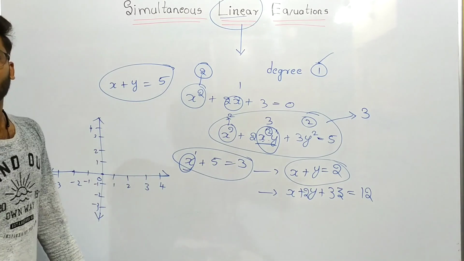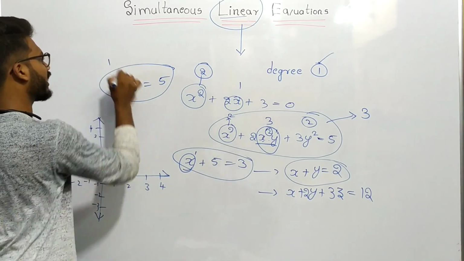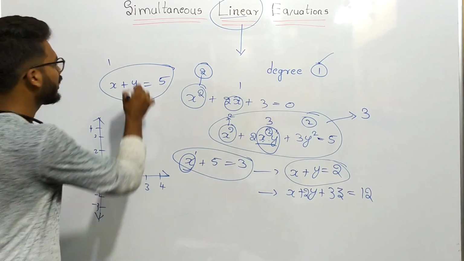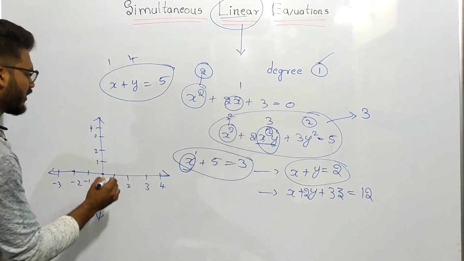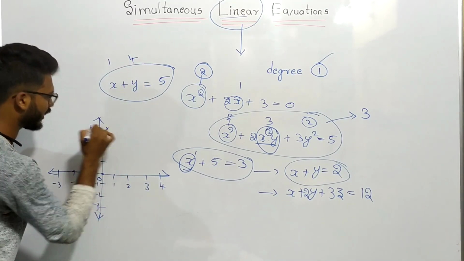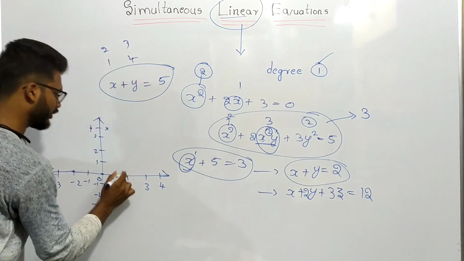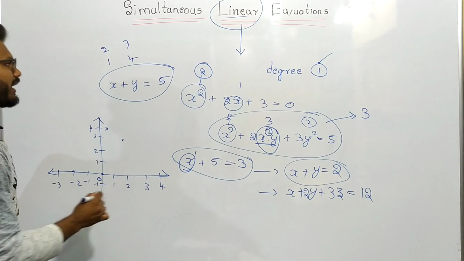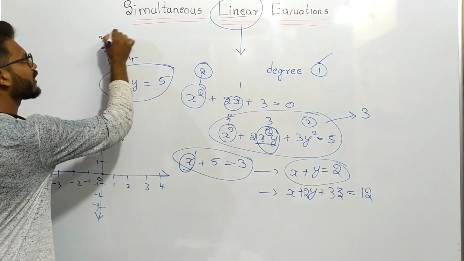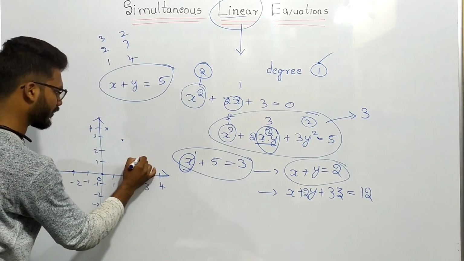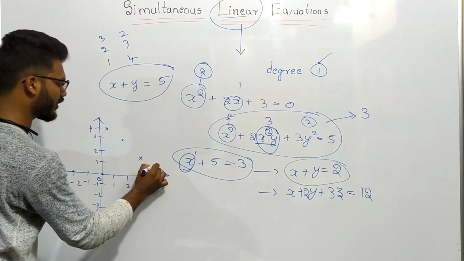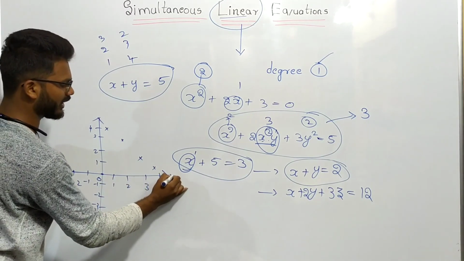Now if x is 1, what is the value of y? It is 4, right? So 1 comma 4, here you will get a point. When x is 2, y is 3, so 2 comma 3. Next, 3 comma 2, 4 comma 1 and 5 comma 0, like this.